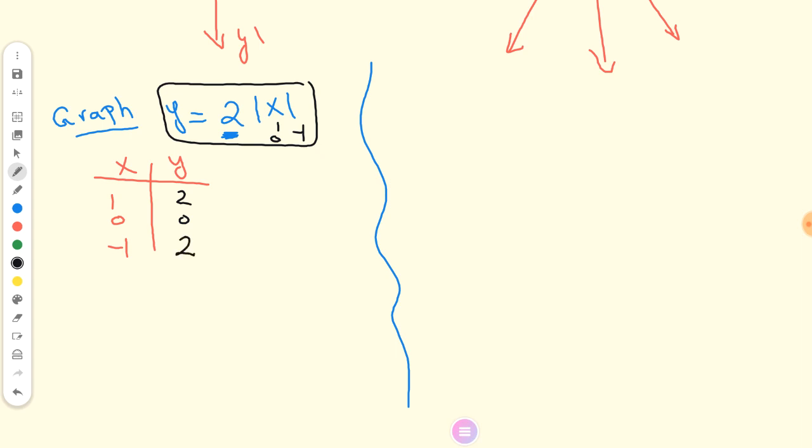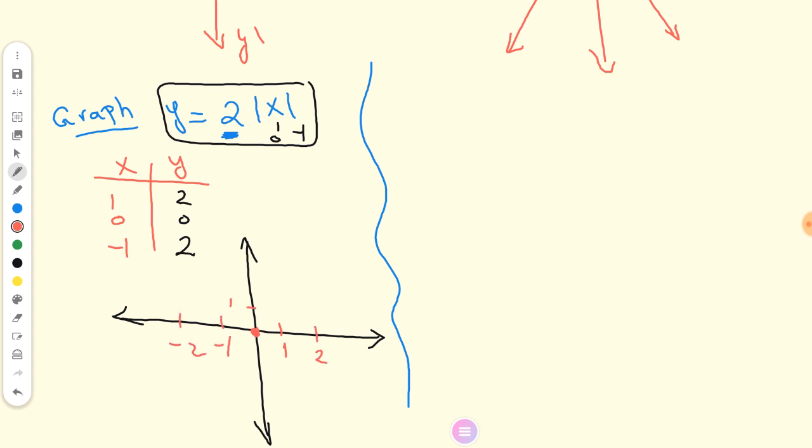1 multiplied by 2 is 2. After that, I will draw the two axes. This is the origin point, 0, 0. Here I will write 1, 2, and so on, and -1, -2. The first point must be the origin point, 0 and 0.